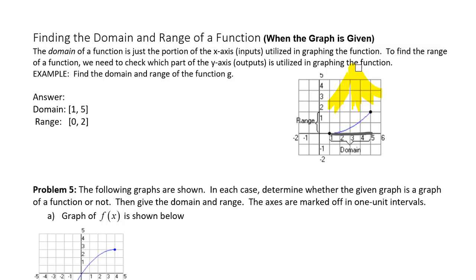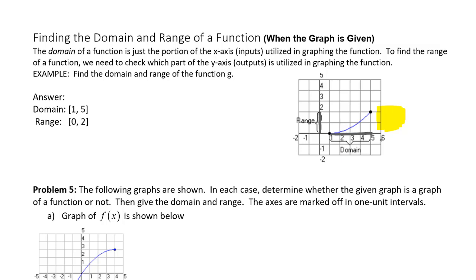Now we're going to take this light bulb idea and change it so that it's shining toward the y-axis instead. So now my light bulb is over here, and it's shining light toward the graph and seeing where the shadow will hit on the y-axis. If we look at that, the shadow will hit between 0 and 2.